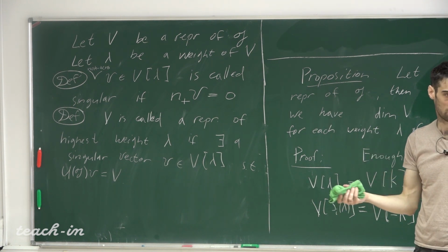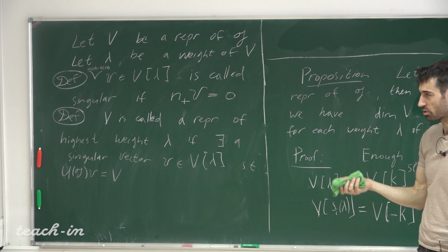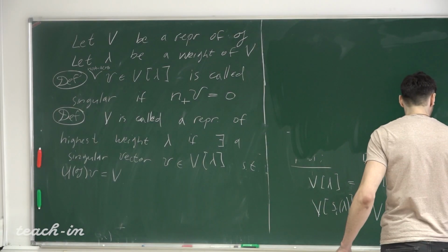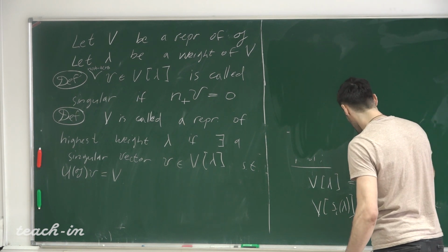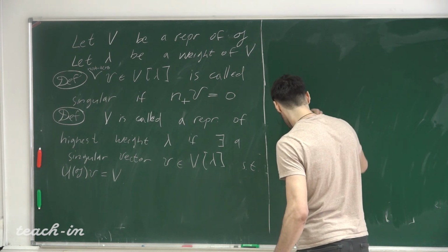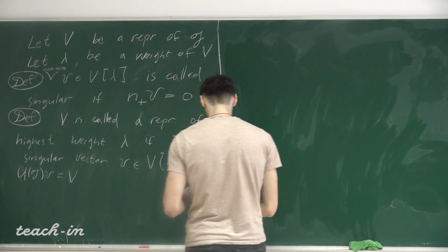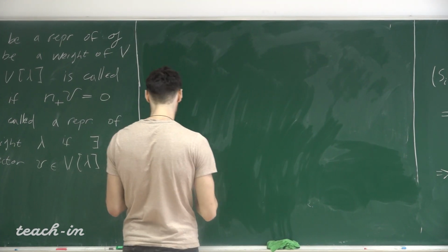We had singular, but we also called it highest weight for some reason. Therefore, I would like to introduce some partial order on H star. This partial order is motivated by the following lemma.